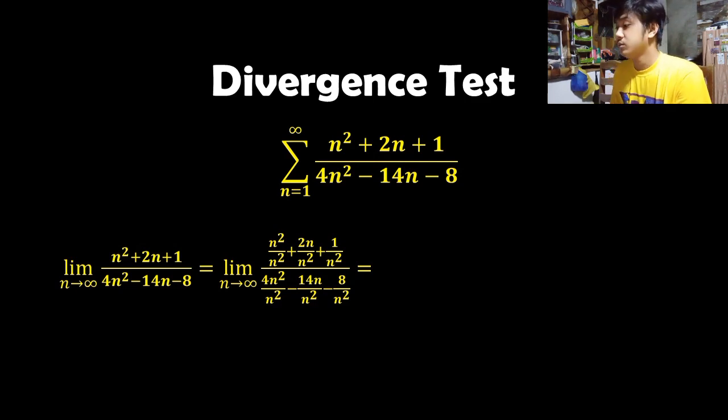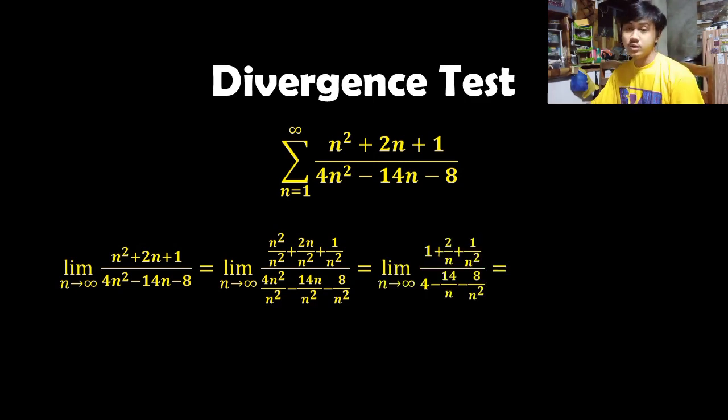Okay, to get the limit, we cancel the same terms. n squared divided by n squared is equal to 1. Then 2n over n squared, we cancel one n, so it becomes 2 over n. Then 1 over n squared stays as is.